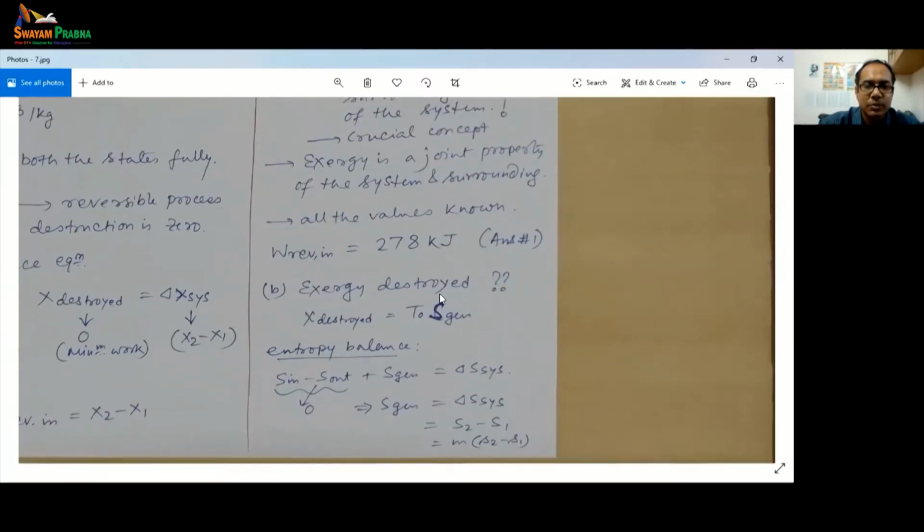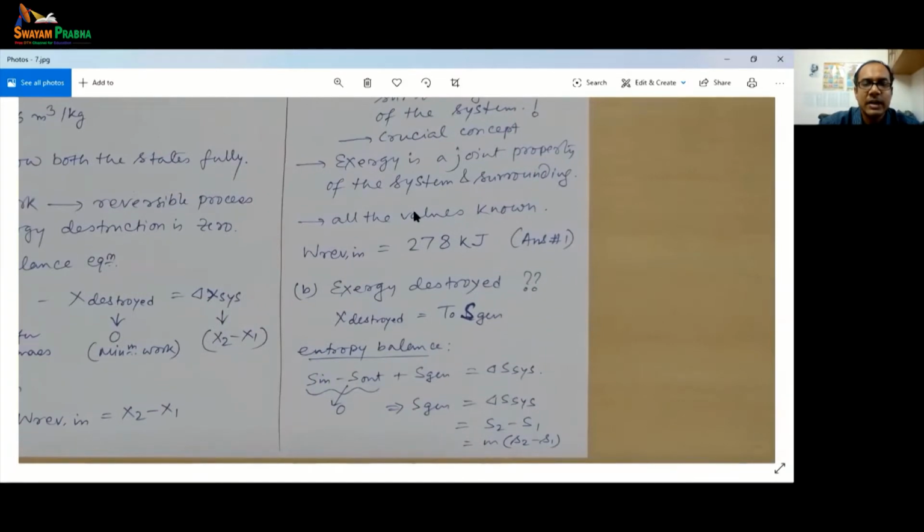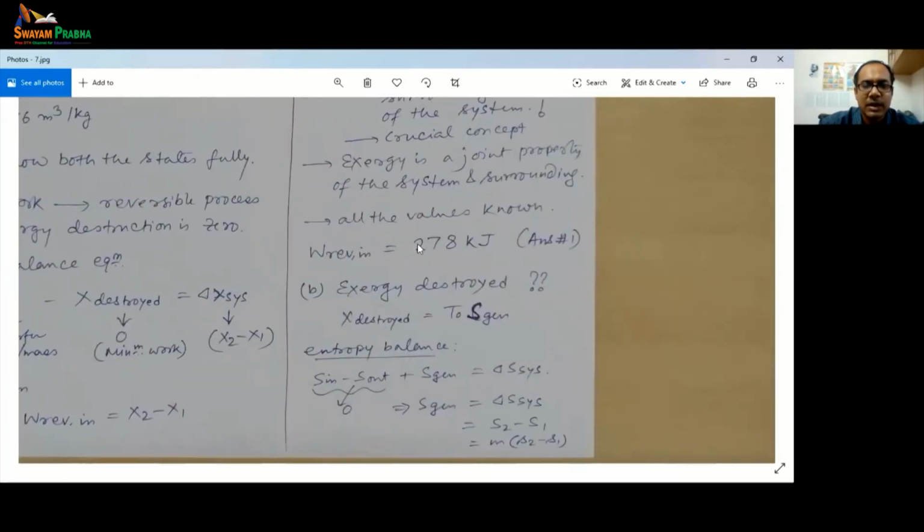What is the second portion asking? It is asking how much exergy is getting destroyed in the process. Exergy destroyed is very straightforward: you just find the entropy generated and multiply it with the surrounding temperature, and that gives you the exergy destroyed. So let's do that.